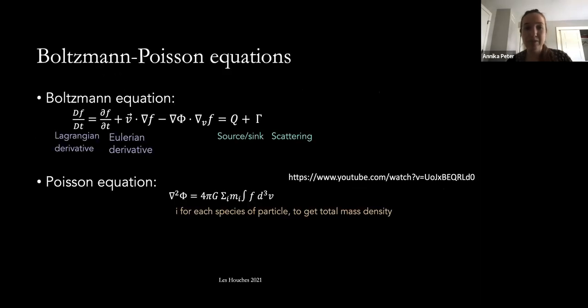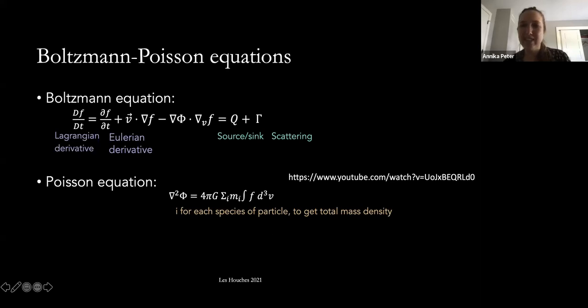Okay, so I mentioned Boltzmann-Poisson equations. What do I mean by that? Fundamentally, if you have an ensemble of particles that you describe with a phase space density here labeled by F, then the Lagrangian derivative, and here what I mean by Lagrangian derivative is if you were to sit on a particle and follow that particle's trajectory in phase space, the phase space density of particles around it only changes if you have a source term, like you're creating or destroying particles, or if you have scattering.